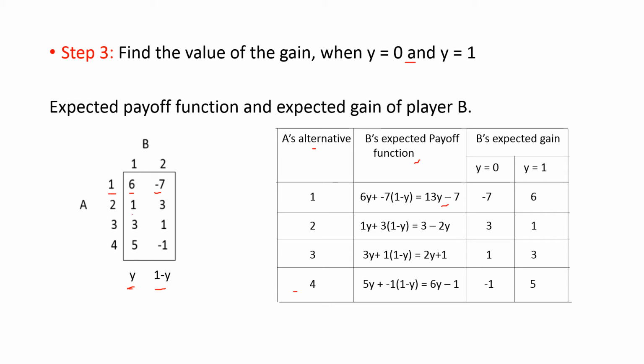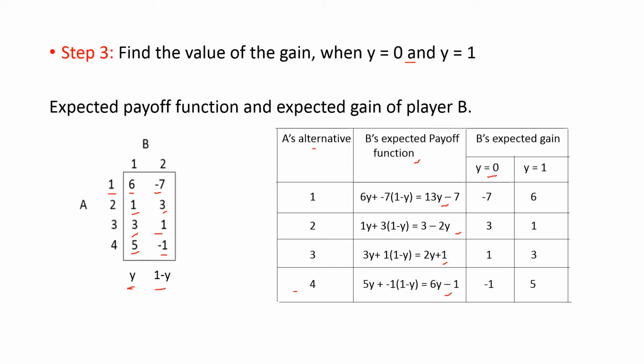For strategy 2, 1 into y plus 3 into 1 minus y, that is 3 minus 2y. For the third strategy, 3 into y plus 1 into 1 minus y, that is 2y plus 1. And for the fourth, 5 into y plus minus 1 into 1 minus y, and that is 6y minus 1.